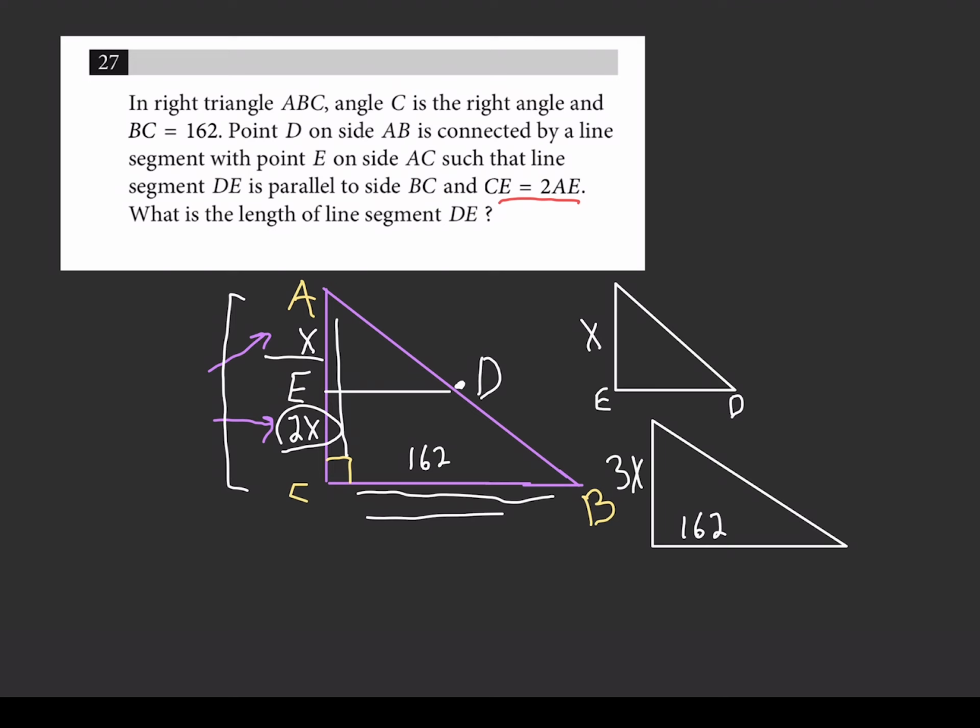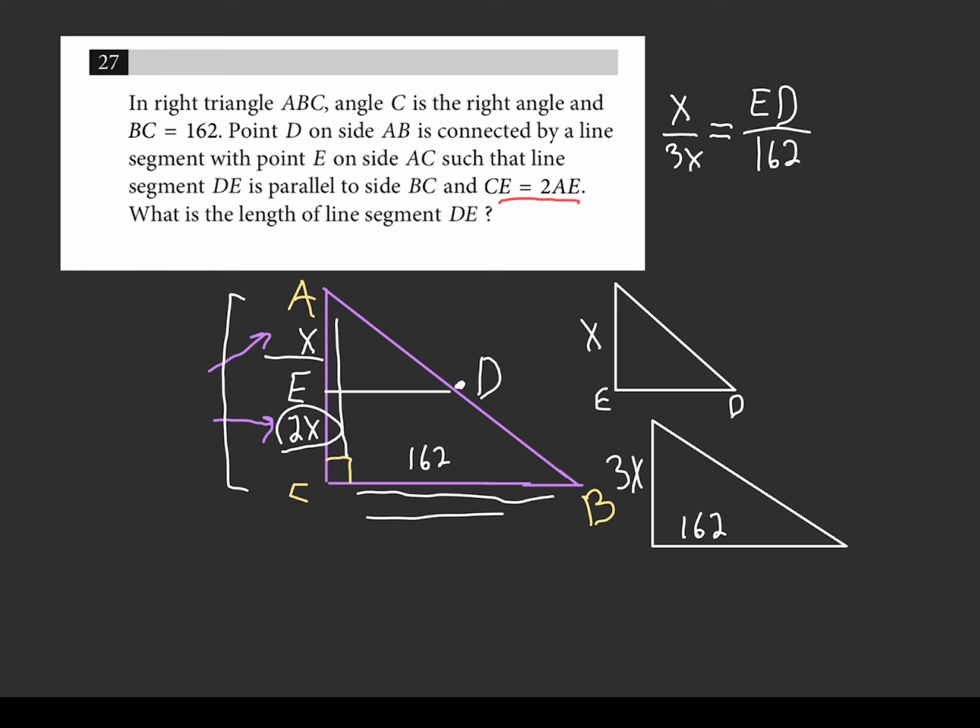I know that in the smaller triangle, x was to the 3x. Then you do a proportion: ED, that's the smaller triangle side, is to the corresponding side in the bigger triangle, which was 162.